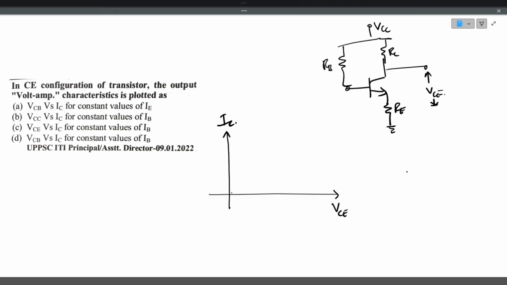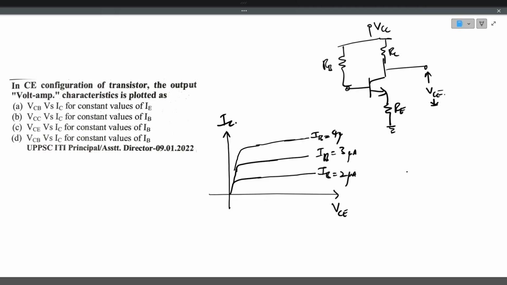So output VI characteristics are plotted against VCE and IC with constant input current. Input current is nothing but base current. IB is 2 microamps, IB is 3 microamps. By varying the output voltage, output current IC, collector current, is calculated and plotted for constant values of input current. These are the output characteristics. So it is IC versus VCE or VCE versus IC with IB constant. So the answer is option C.